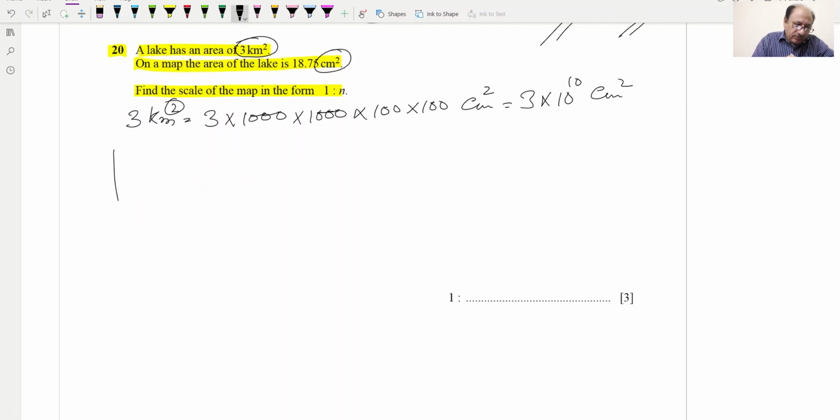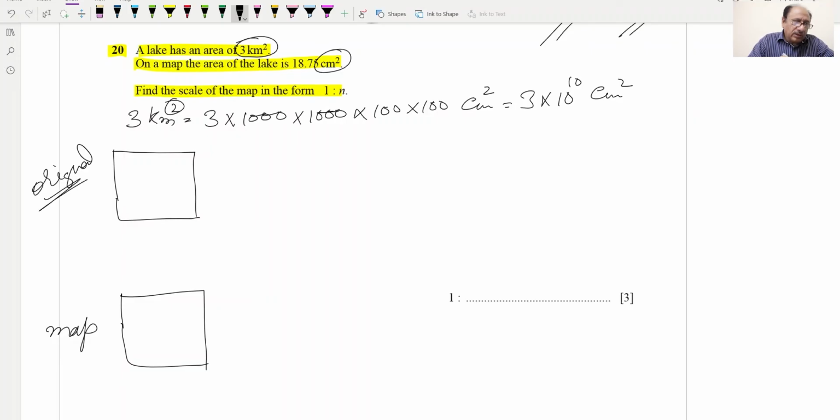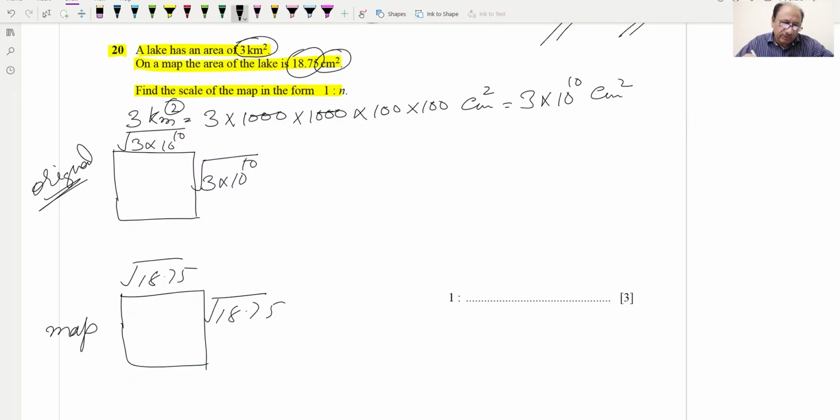If we draw a square like this, this is the map square, so this is the situation on the map, and this is the original, on the ground or actual, which is 3 into 10 raised to the power 10. This side will be the square root of it, and this side will be the same. Similarly this side is 18.75 in case of the map, so root 18.75 on each side. This will be the area of the lake.